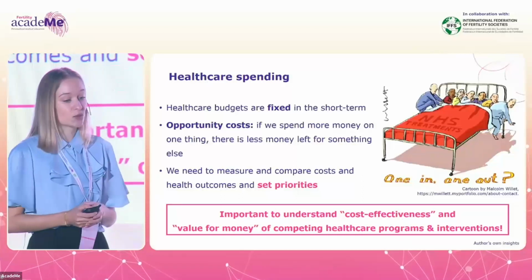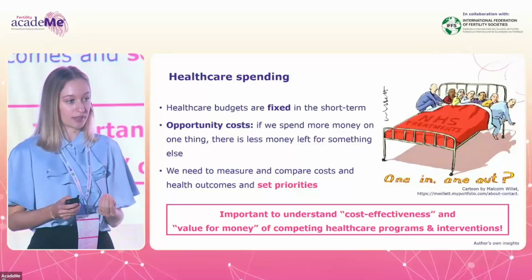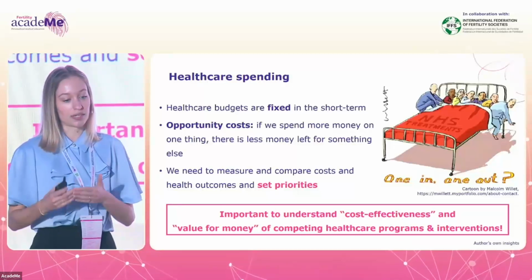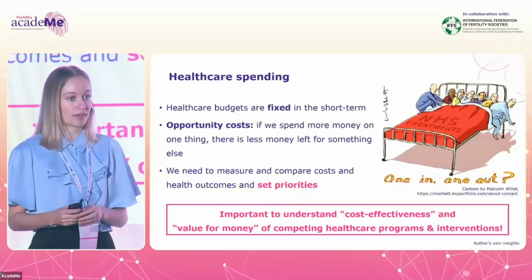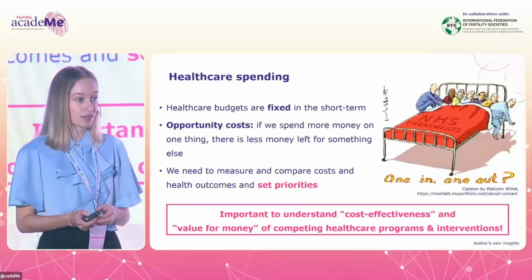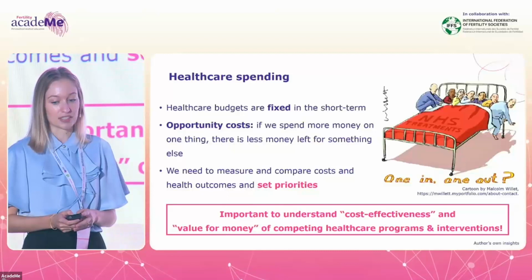So we need to measure and compare costs and health outcomes, and we need to set priorities in order to spend our healthcare budget as efficiently as possible and to keep the opportunity costs as low as possible. That is why it's very important to understand cost effectiveness and the value for money of competing healthcare programs and interventions.